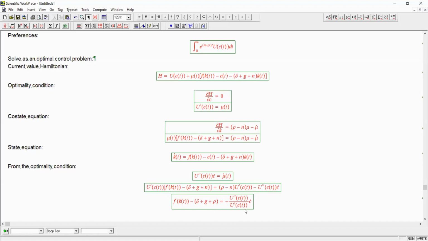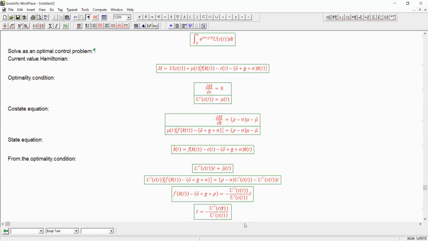We have this expression. Finally, divide both sides by this. We're going to get that c dot equals the reciprocal of this times all of this.